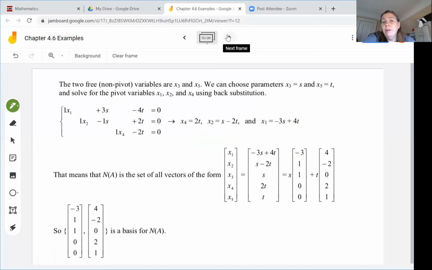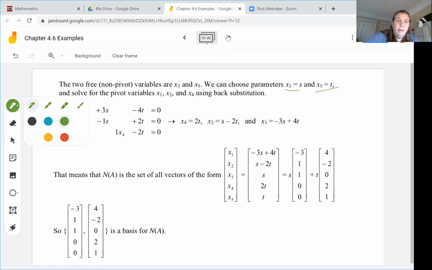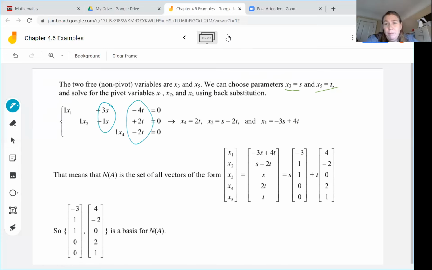So we are going to choose parameters x3 equals s and x5 equals t. You can call them the other way around as well. And we're going to solve for our pivot variables x1, x2, and x4 using back substitution. In this system, I've plugged in s and t in place of x3 and x5. So if we solve, x4 is going to equal 2t, just isolating x4.